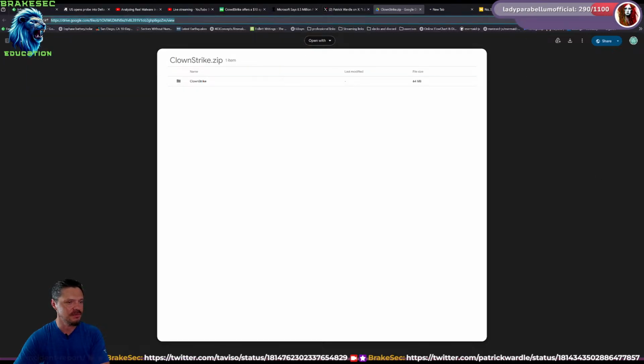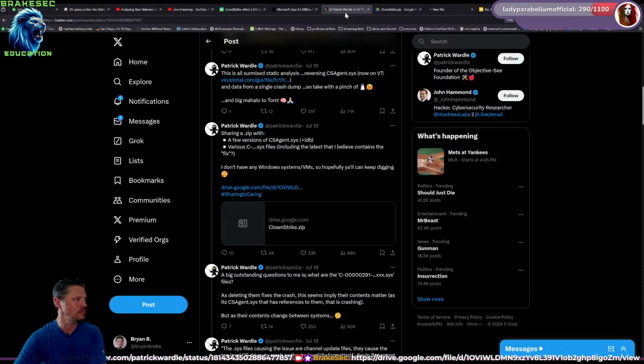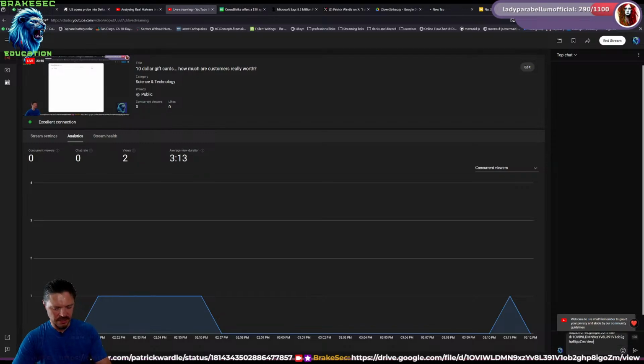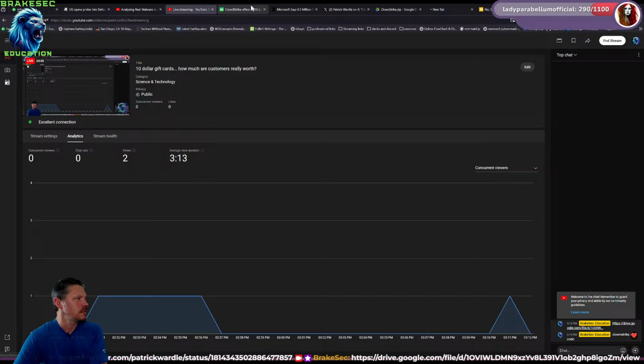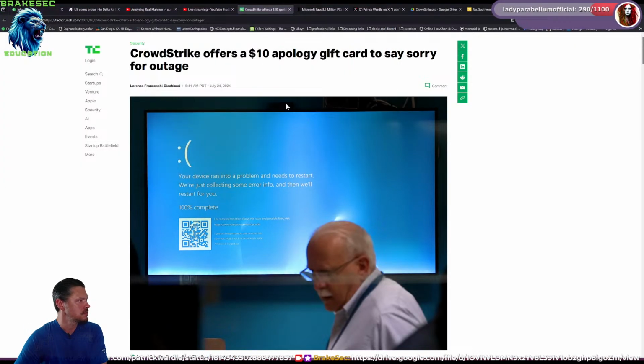You might want to grab it before it becomes gone and forever disappeared. But yeah, so let me post that in chat just in case. That's how to get the CrowdStrike zip file. There we go.